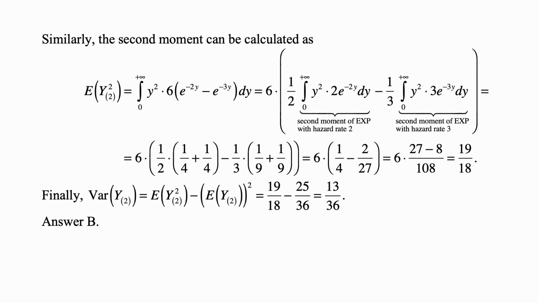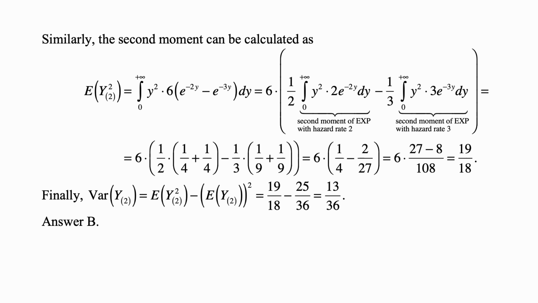Variance is the square of the first moment. And therefore, what we have here is 1/2 times (1/4 plus 1/4). In other words, the variance plus the square of the first moment. So 1/4 plus 1/4 is the variance plus the square of the mean.